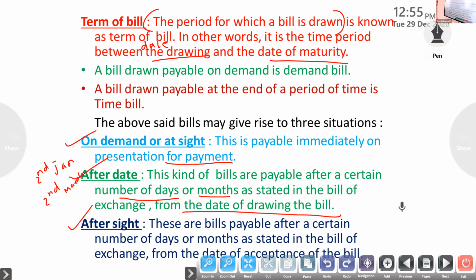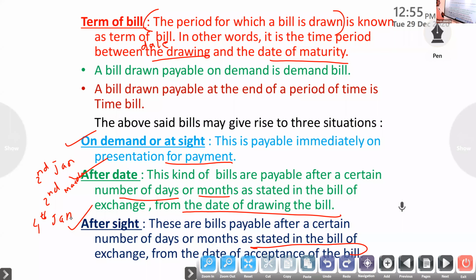Then what is a bill after sight? Same, only one difference. This kind of bill is payable after a certain number of days or months as stated in the bill of exchange from the date of acceptance of the bill. Suppose I wrote the bill on 2nd January and gave it to Sharath, but Sharath accepted on 4th Jan.